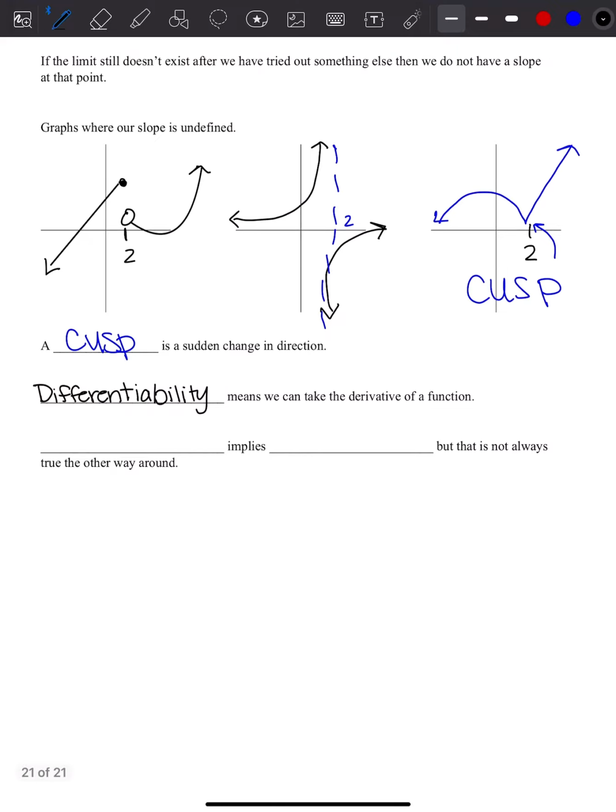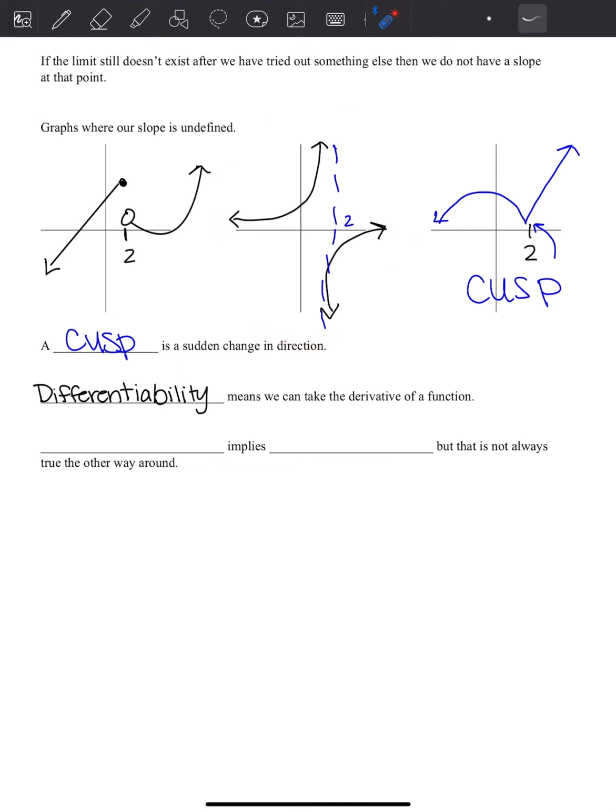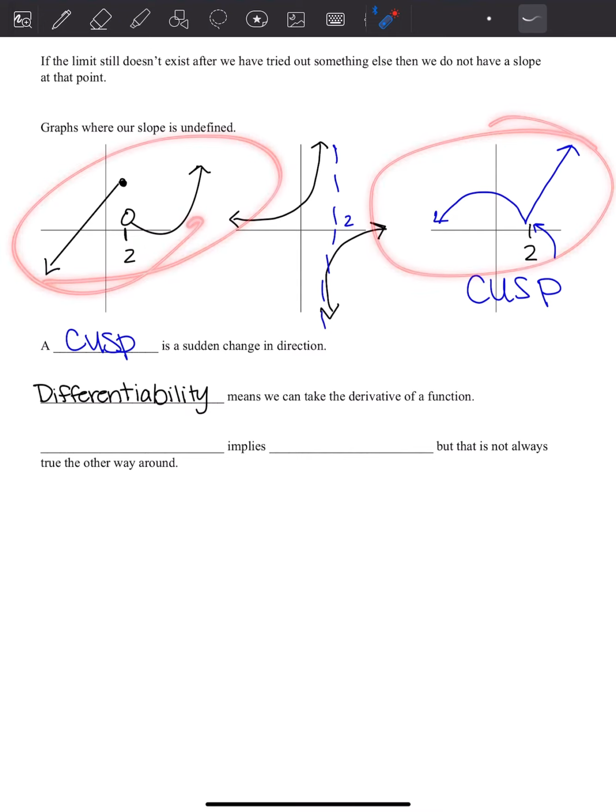So if we look at what we have here, there are going to be some cases where we can take the derivative, but maybe not at that singular point. So functions like this, I can take the derivative of, but the derivative at a singular point isn't going to work. Functions like this one, though, and this one are piecewise functions.